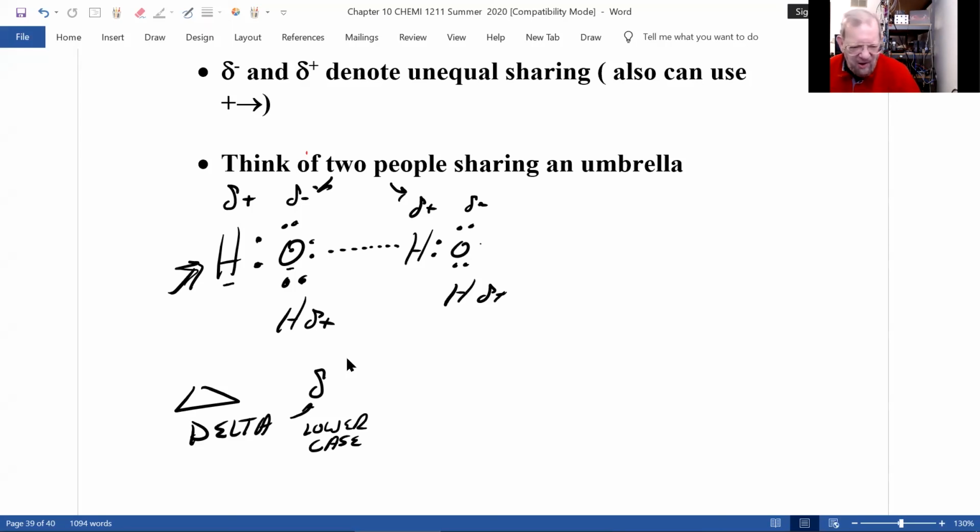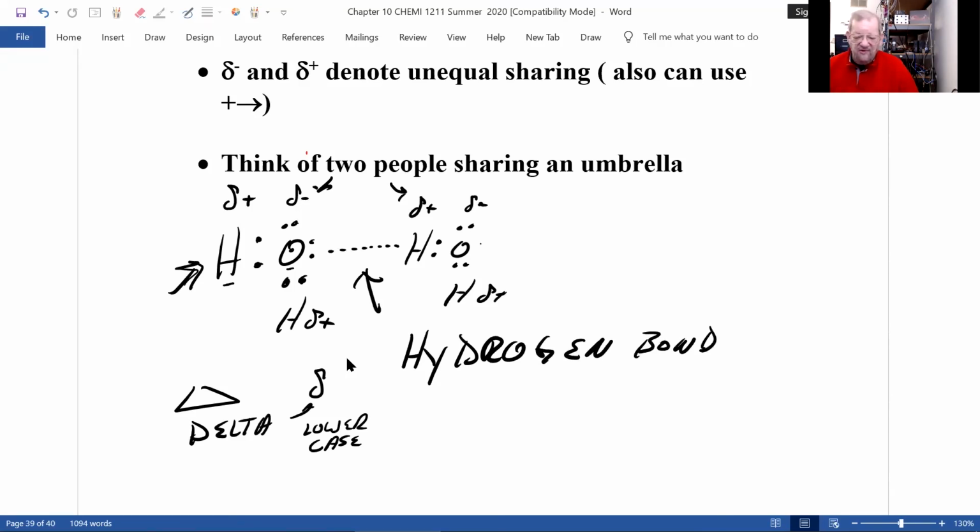If it was a dial from 1 to 10, I'm turning it to 50. This slight attraction we call a hydrogen bond, or sometimes hydrogen bonding. It's not a true chemical bond, but it's a very weak attraction.